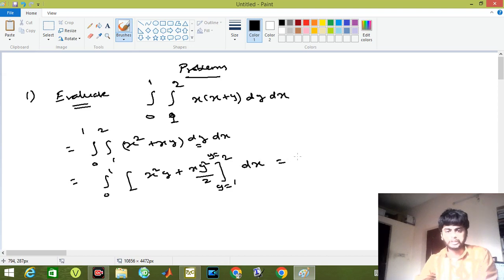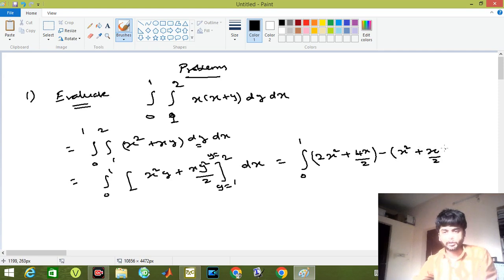So that is equal to integral 0 to 1 of 2x square plus 4x by 2, this is the upper limit, minus the lower limit: x square into 1 plus x into 1 square by 2.